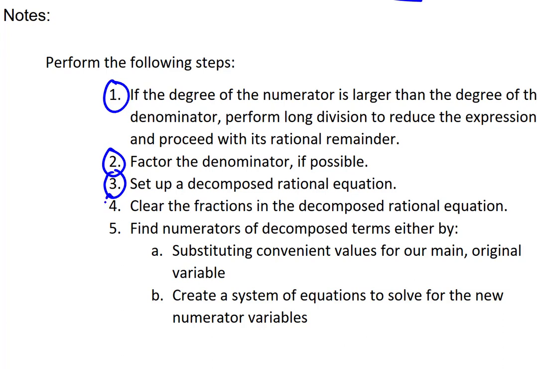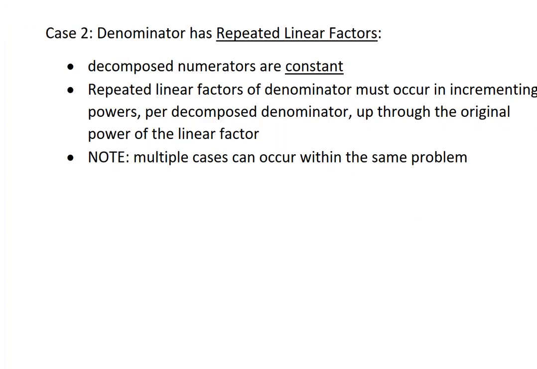In step four, we're going to clear the fractions of that equation. And then in step five, we're going to find the numerators of our new decomposed terms using one of these two methods, where either we substitute convenient values for our main original variable, or we create a system if that won't work for us. Now, case two, as we're discussing in this video, is when we have repeated linear factors.